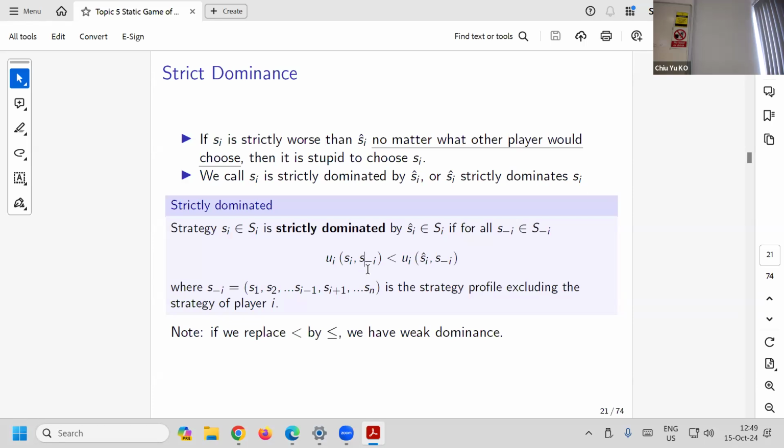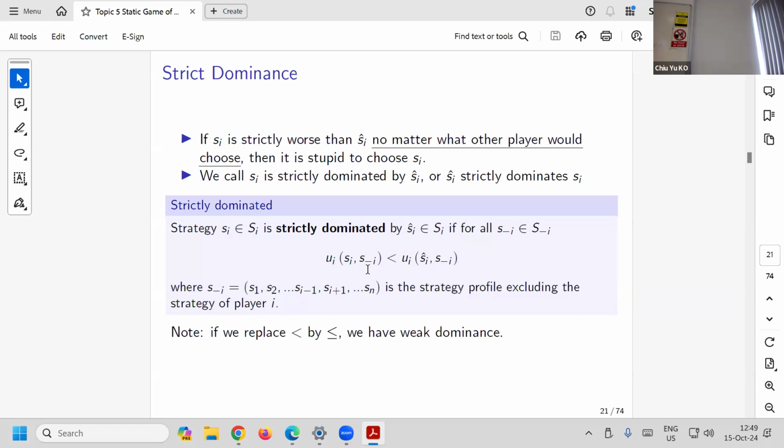So suppose you go to a restaurant, and they give you a menu, and menu 1 and menu 2 are the same, except one menu is more expensive than the other. There's no reason you would choose the more expensive one, right? That's the idea. Unless you like lower payoff, right? People like higher payoff. No matter what other people choose, if it's always higher, then you shouldn't choose the other one, okay? And that is called strictly dominated, or strictly dominates, okay?